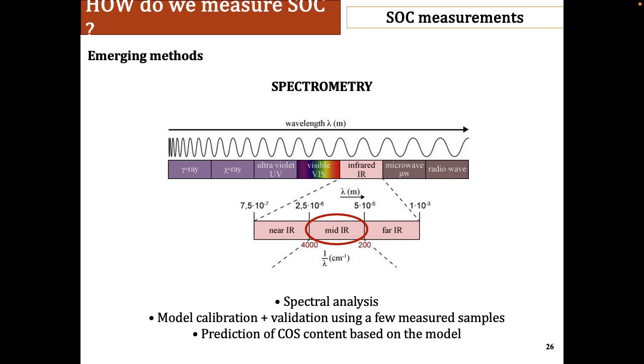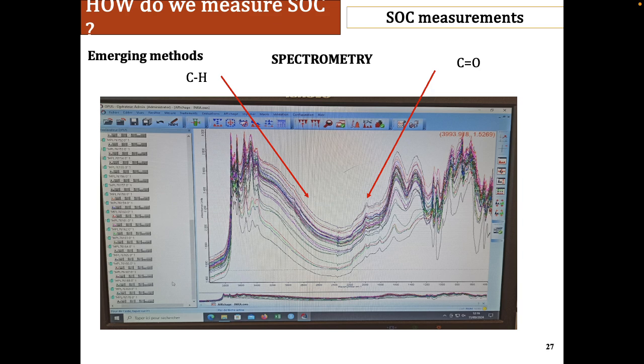After the spectral analysis, we do some model calibration. After that, we use a few measured samples for validation, and we do the prediction of organic carbon content. So that is the result of spectral acquisition.